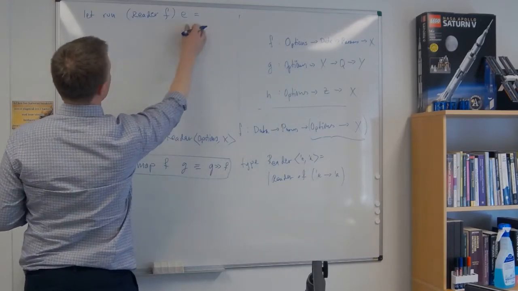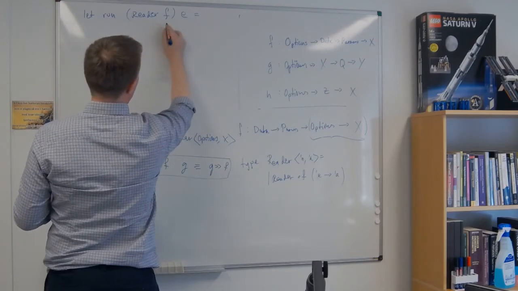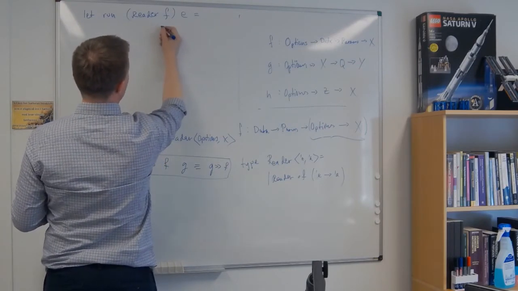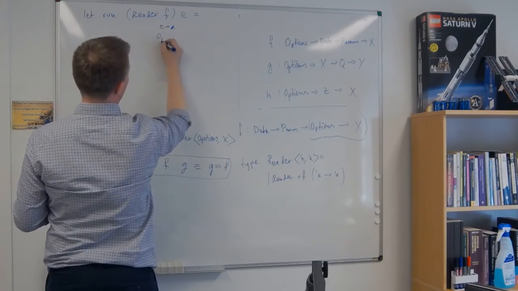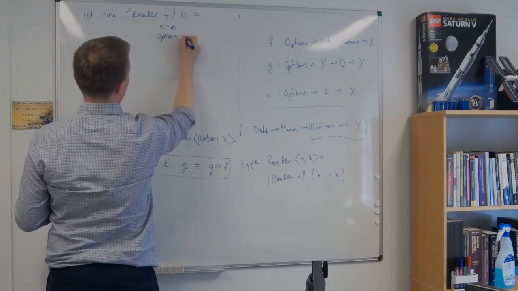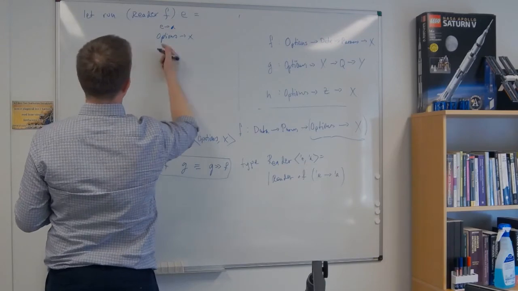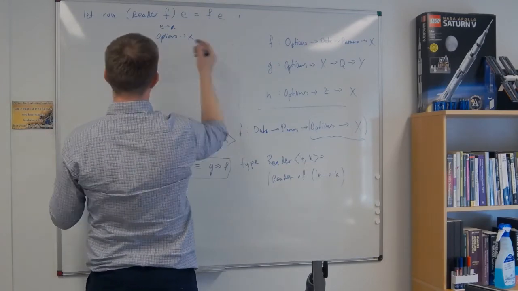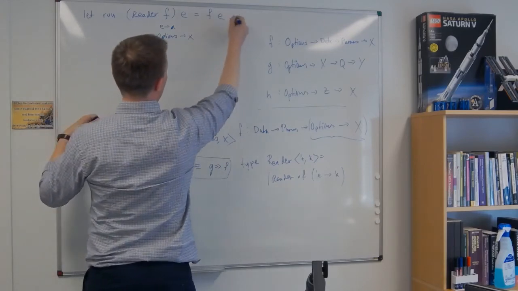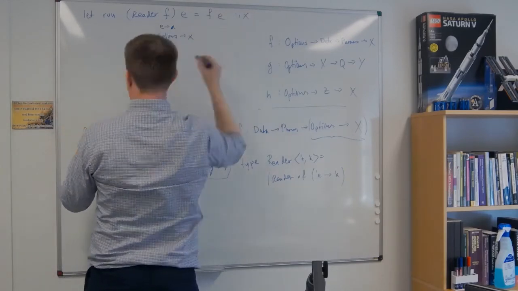And what it will do is that, remember that this f here is a function from e to some a, or in our case from options to x. So this is simply applying f to e. And of course this whole thing will then return an x.